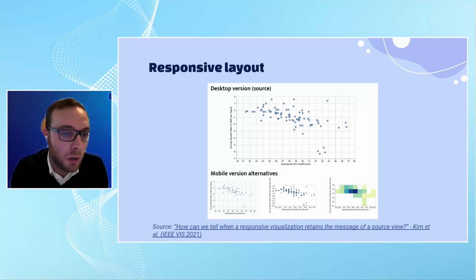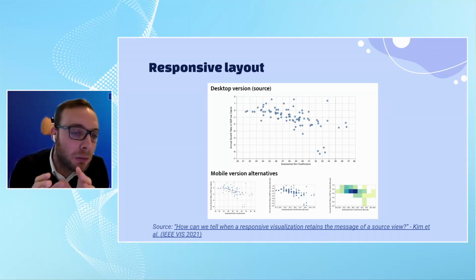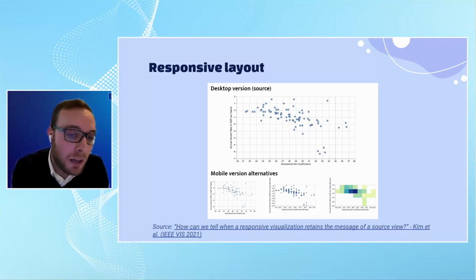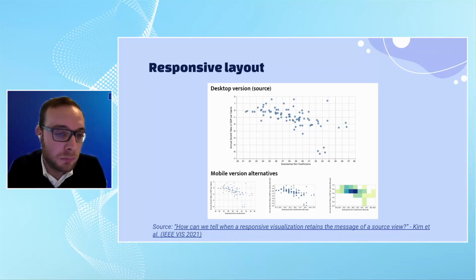Breakpoints are points where content responds according to the device resolution, allowing you to show the best possible layout to the user. But this is usually an easy to implement solution, but not always the original message of the data visualization is retained from a larger version to a smaller one, as noted in this cited paper that focuses on these aspects.